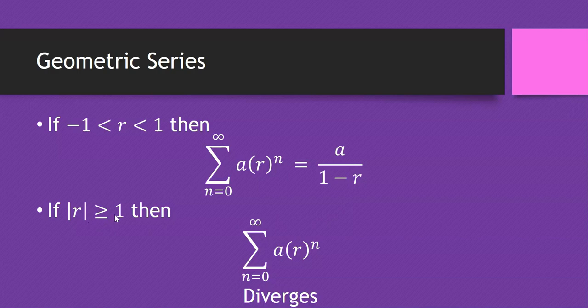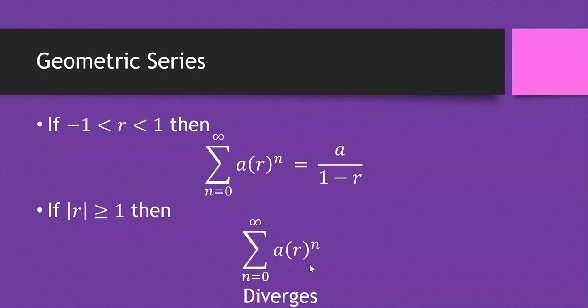Now, if r is bigger than 1, then this underlying sequence goes off to infinity. So obviously this thing diverges if r is bigger than 1. So if r is between -1 and 1, then the underlying sequence goes to 0, and the series, the infinite sum, goes to a over 1 minus r. If r is bigger than 1, then this thing diverges.